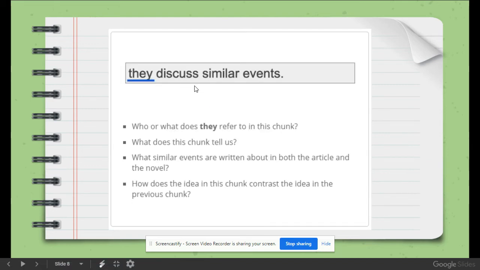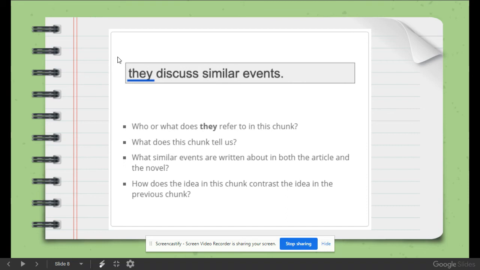They discuss similar events. Well, what does they refer to? So if we think about the context of this entire sentence, although the article and the novel focus on different parts of the journey, they discuss similar events. Well, what is the they referring to? This is a pronoun that refers to something previously in the sentence.